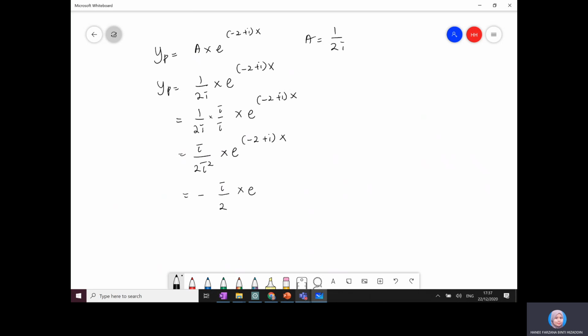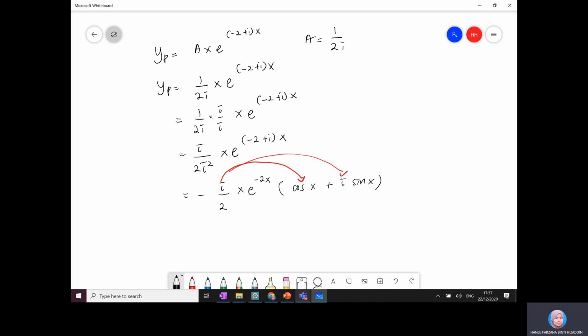Now you can convert it back to cos and sine notation. You can break it down: the -2x you take outside, and then e^(ix) you can convert into cos and sine. So e^(ix) is cos x + i sin x. Here we can take this i to multiply inside.